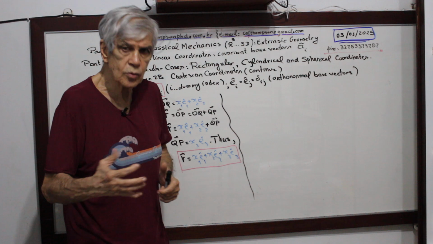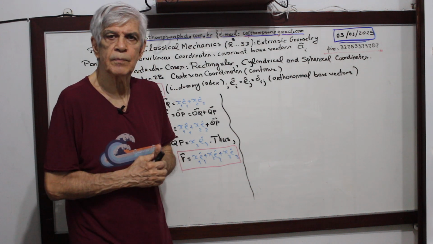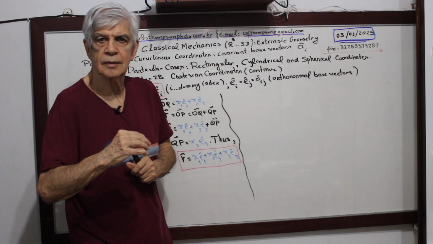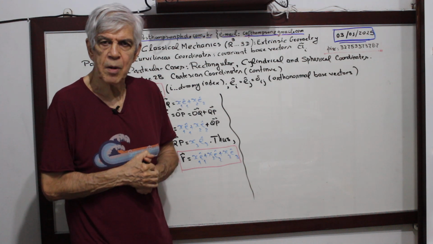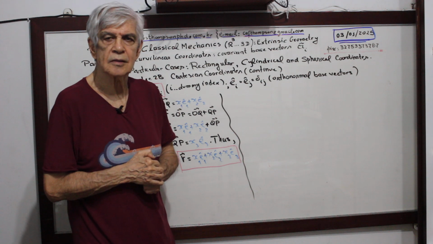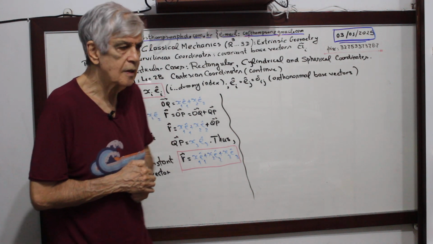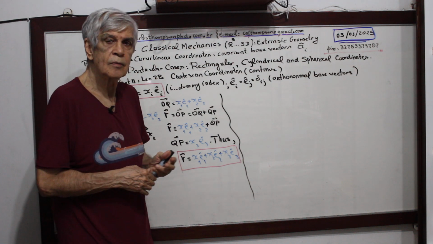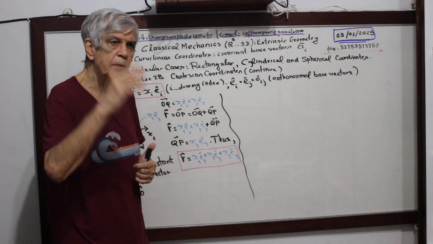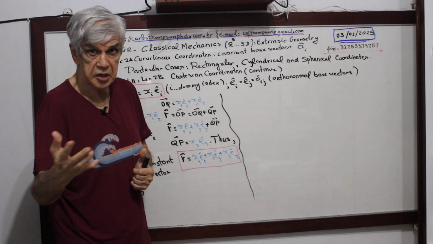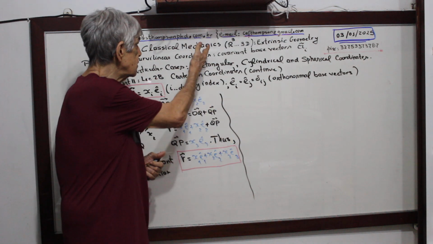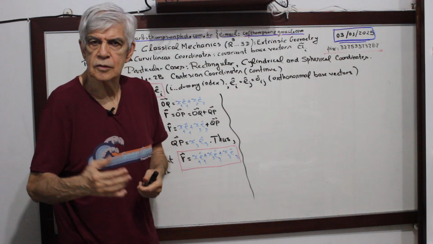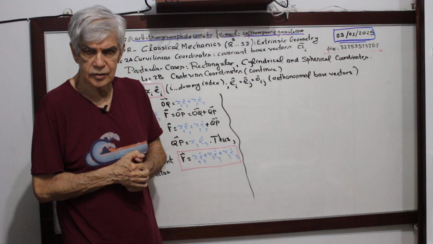I guarantee you that you'll be prepared to face this new subject about generalized coordinates. That will be helpful to develop all of classical mechanics, as well as the general theory of relativity.